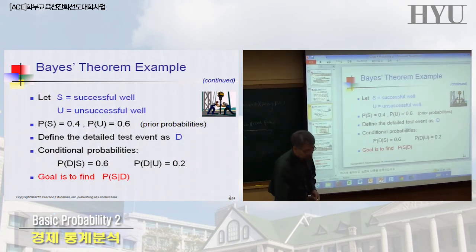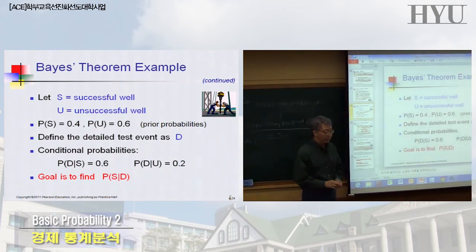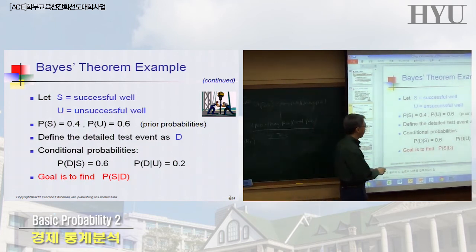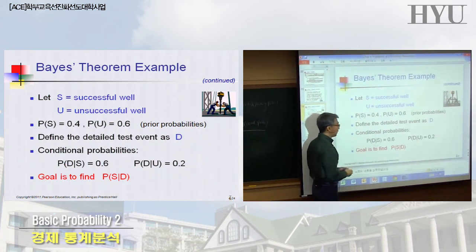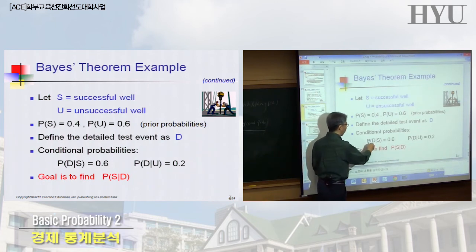We start out with a prior probability of success in an event. And then we were given another piece of information about this conditional probability.